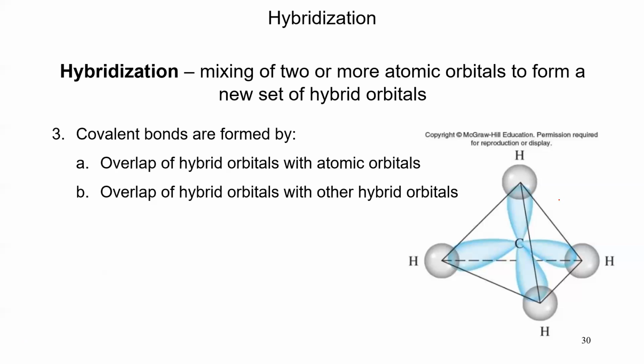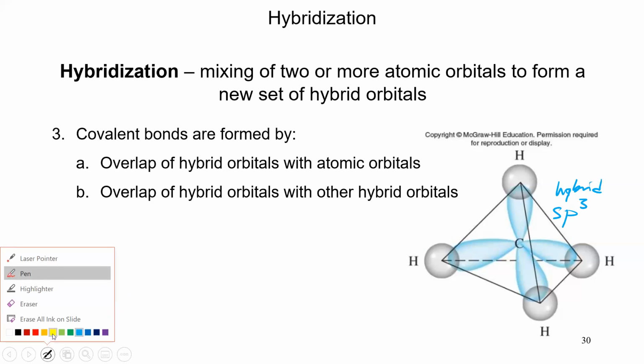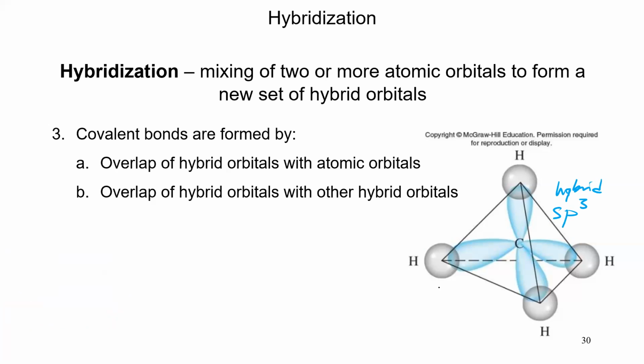Here in carbon, you can see in blue, we've got our sp3 hybrid orbitals, and they're overlapping with the 1s orbital of hydrogen. Remember, hydrogen only has electrons in the 1s orbital, so it doesn't have any other orbitals that it can hybridize.